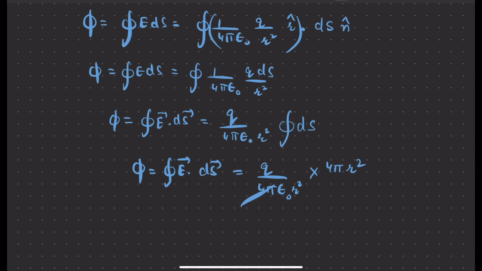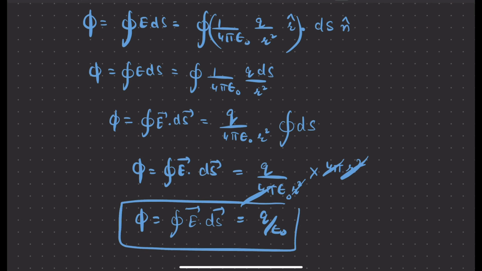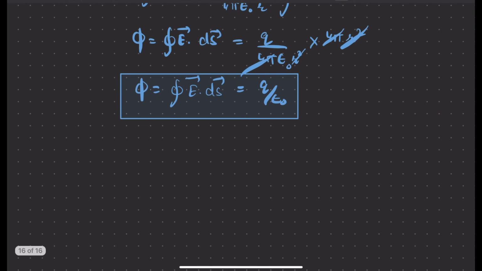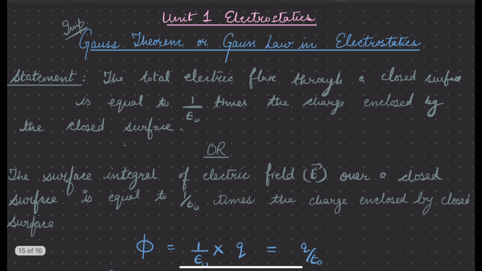Therefore cancelling out 4 pi r square and r square, we are left with phi equal to closed integral E dot ds equal to q upon epsilon naught, which is the Gauss theorem. And we did this same expression when we wrote the statement of the Gauss theorem.